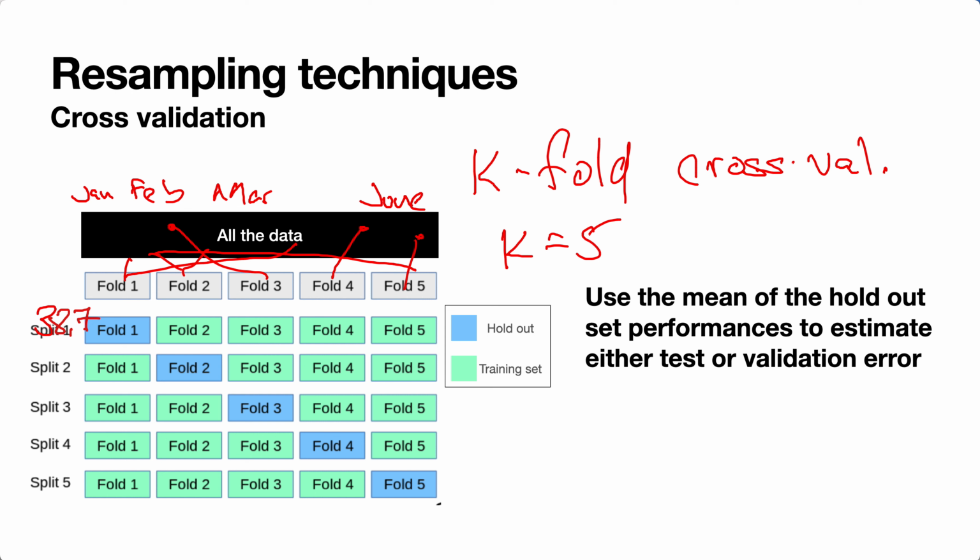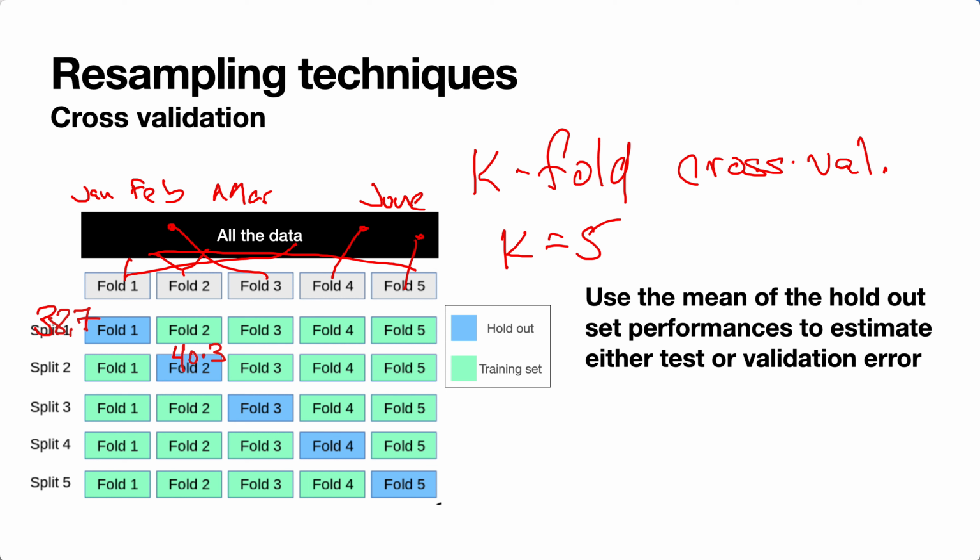Okay, now we do this again. We take our same machine learning system. Now fold 1 and folds 3 through 5 are my training set. It's fold 2's turn to be the test. So we train on the green stuff, we test on the blue stuff, and maybe what we get is that as our performance metric.